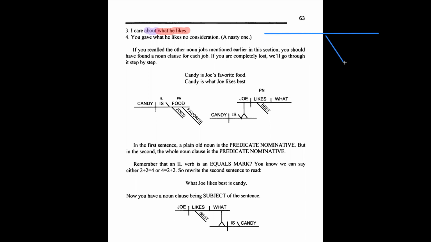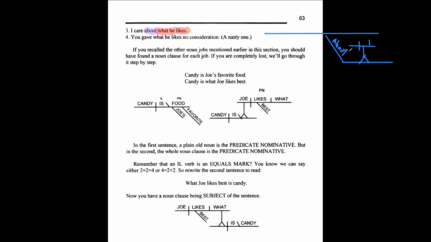About would go here on this line. And then what he likes would go here, but because it's the object of the preposition and it's a noun clause, you got to do the little hangman, right? And then about would go here, and so on, okay?